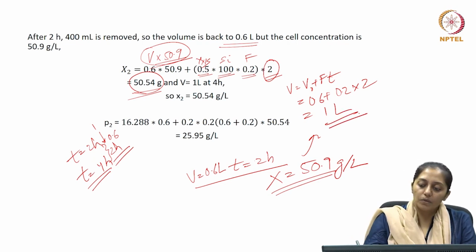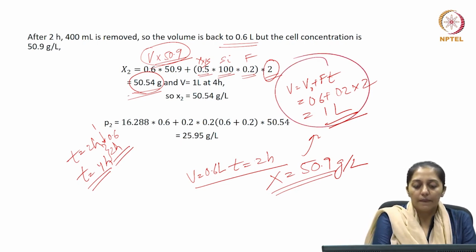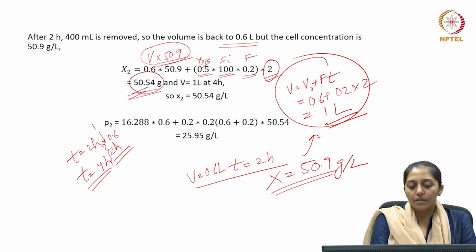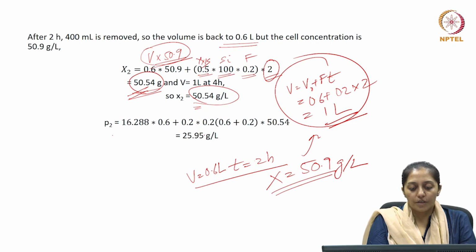So, now once we know the final volume after 2 hours of feeding at the 4th hour and the amount of biomass, the concentration would be biomass amount divided by the volume at that point. So, in the reactor it will be 50.54 grams per liter. Similarly, we will calculate the concentration of product, which comes out to be 20.95 grams per liter.